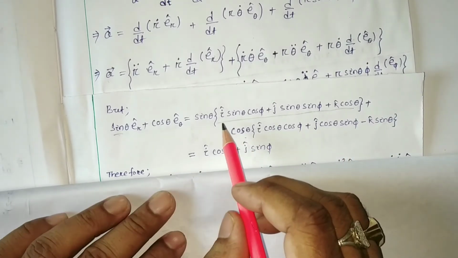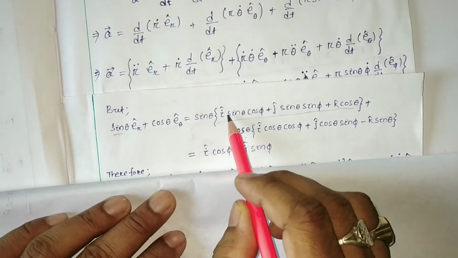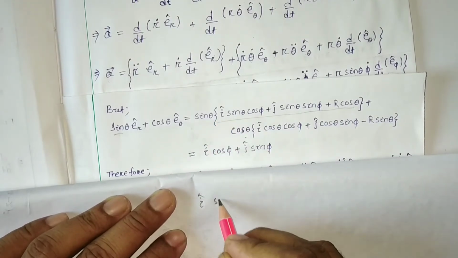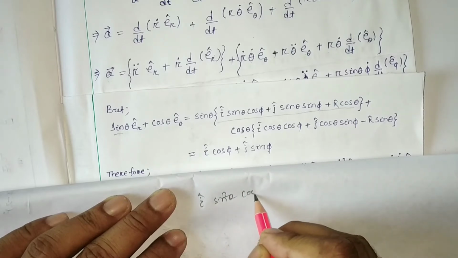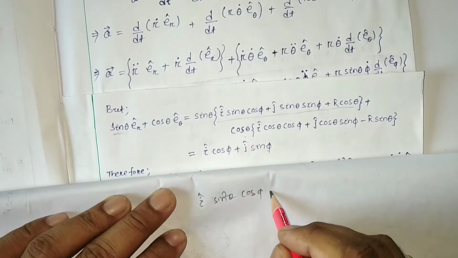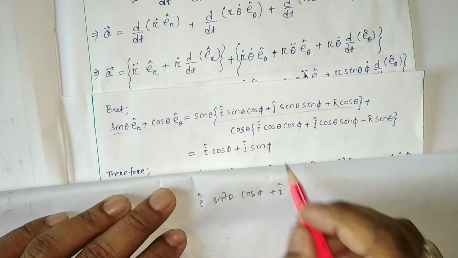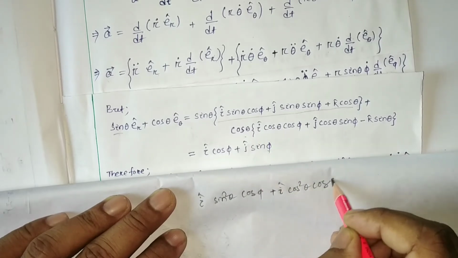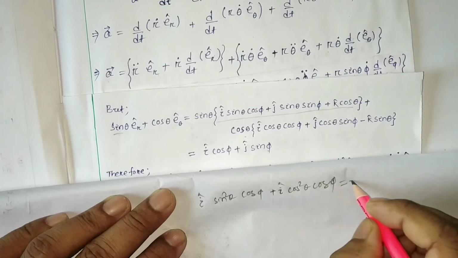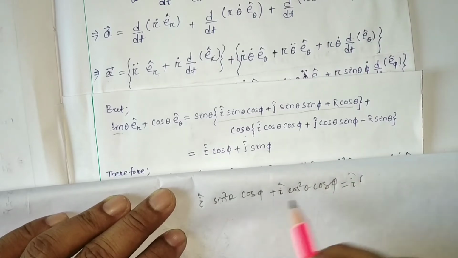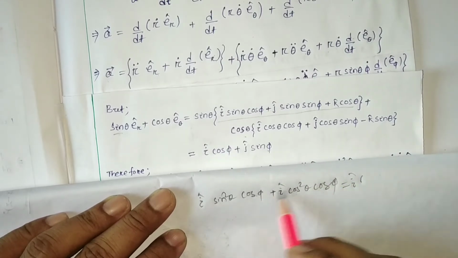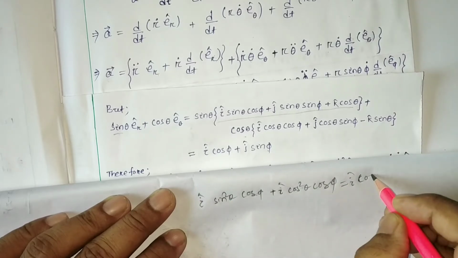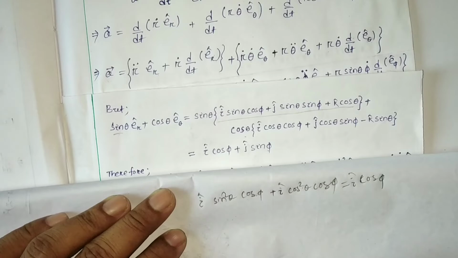Now we are going to consider i cap terms for this and this. For this it will be i cap sin square theta cos phi, plus i cap cos square theta cos phi, right? So if I take common cos phi, this will be 1 because sin square theta plus cos square theta. So here we found i cap cos phi, right?